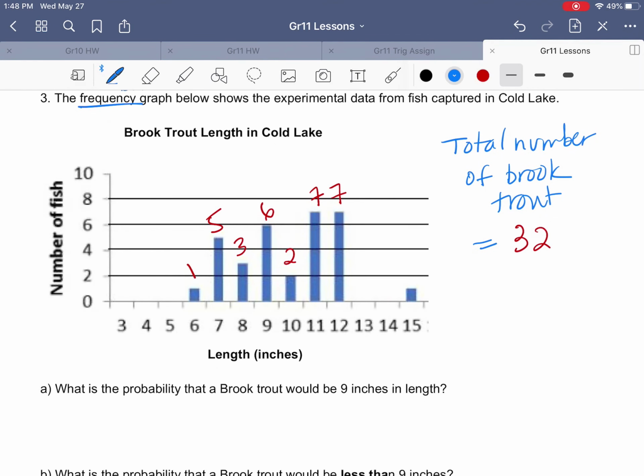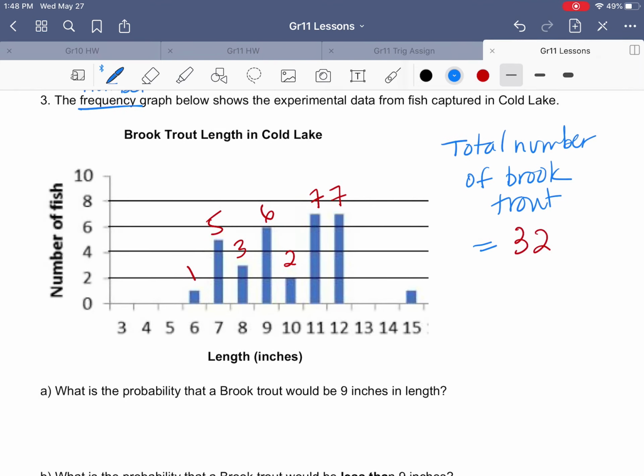So what is the probability that a brook trout would be 9 inches in length? Those that are 9 inches are right there, and there are 6 of those. So there's a 6 out of 32 chance that they would be 9 inches in length. Let's not just represent it with a fraction, even though I haven't specifically asked for it.